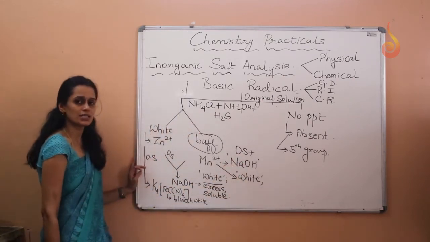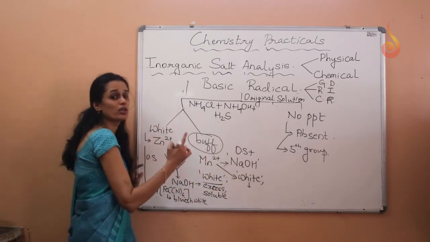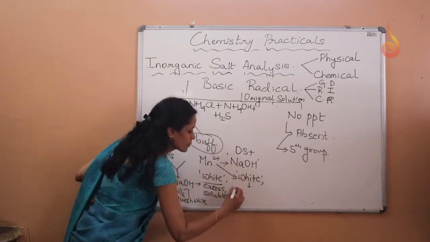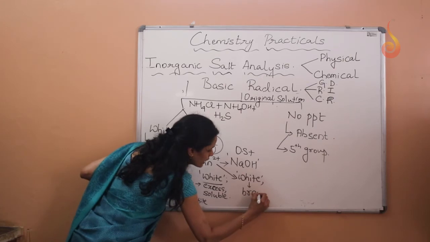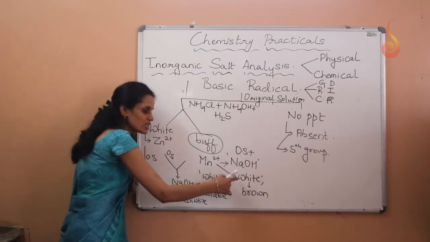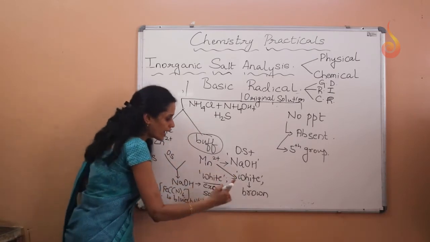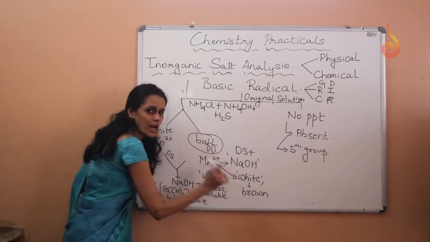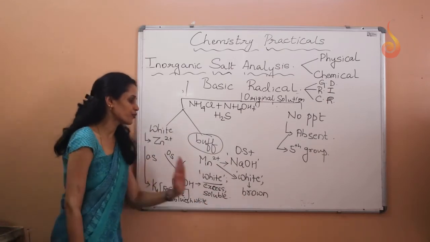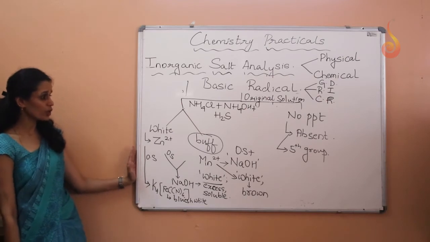Then after some time, the precipitate changes color to brown. Initially it is white, then once it is exposed to air, it changes to brown color. So that's the confirmatory test for manganese ion.